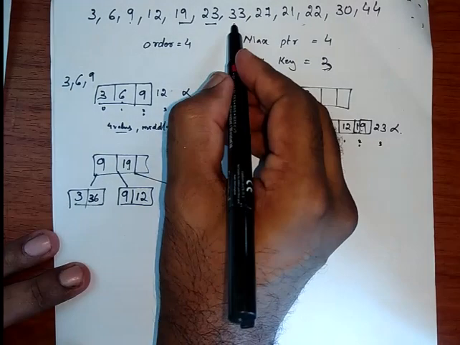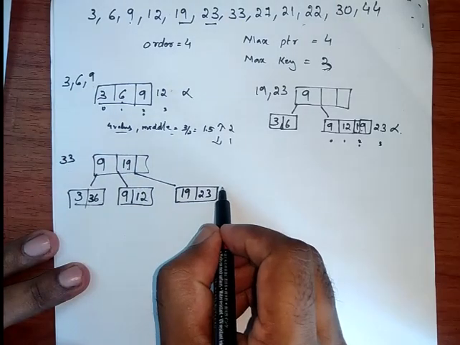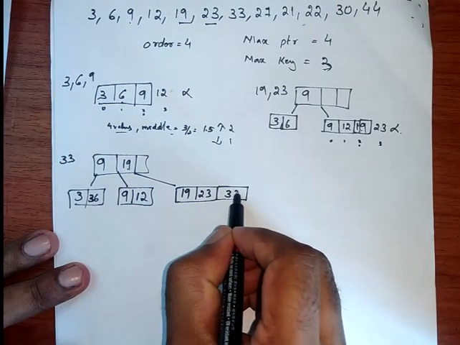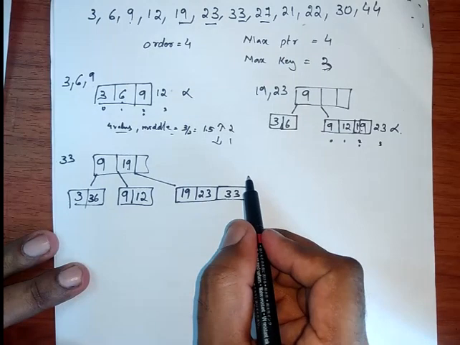Okay, next we need to insert the value 33. So 33 can be inserted to the right of 23. Then comes 27. First we need to search in the root node. You can find 9 and 19, and 27 is greater than 19, so it will move to the right of 19.